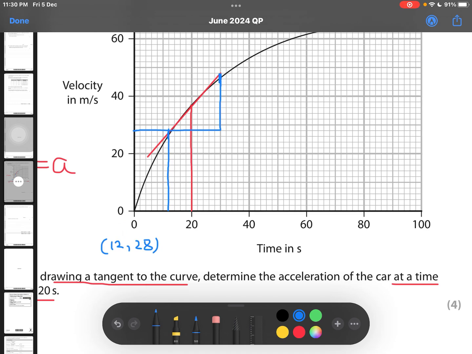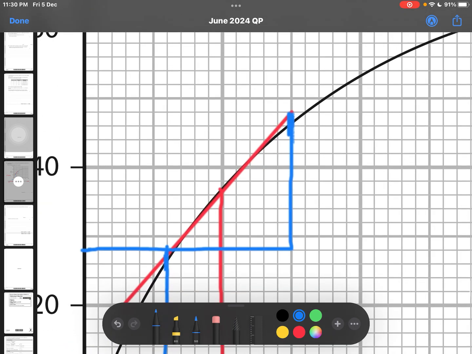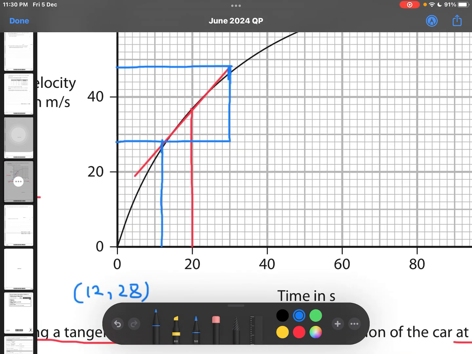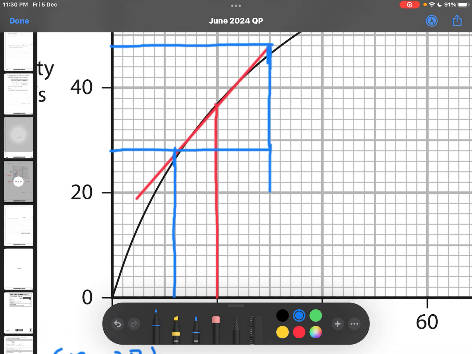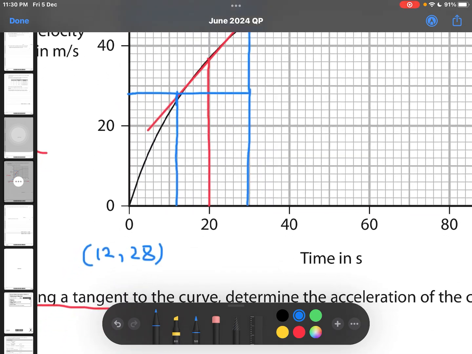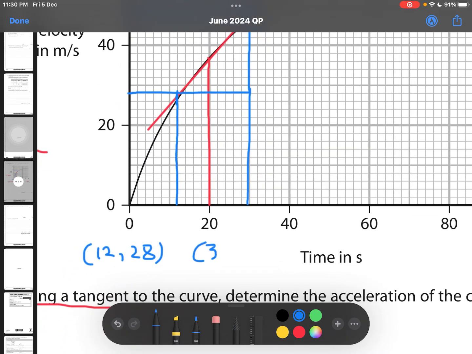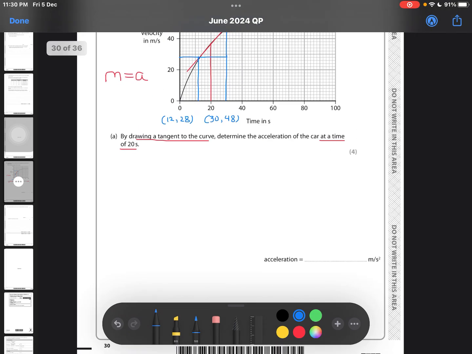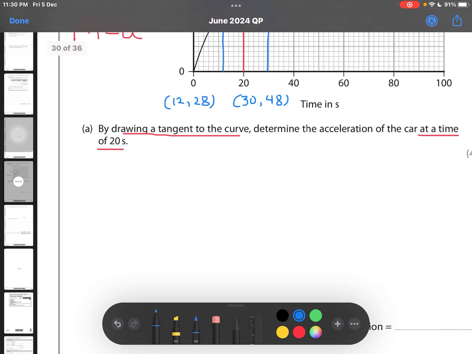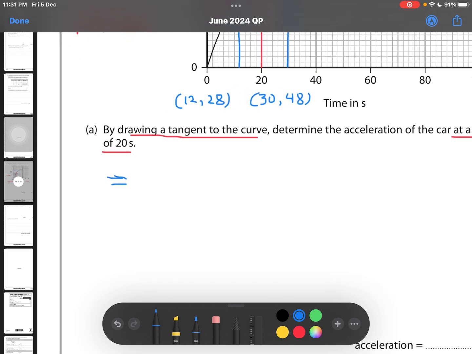The next point is here, which looks like 48, and over here you will have 30. So 30 and 48. Now, how do we show the working here? We need to first say gradient.